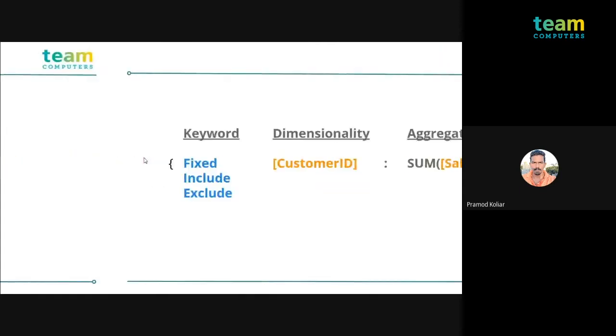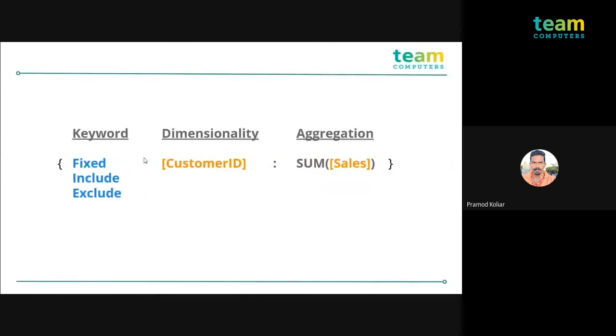Now we'll see the keywords and the different types of level of detail expression that you can use. You can see three different types over here: fixed, include, and exclude. And you need to specify a dimension after the keyword. So I have specified my customer ID. It can be region or state or anything. And finally, there is an aggregation. Every LOD expression needs to be aggregated.